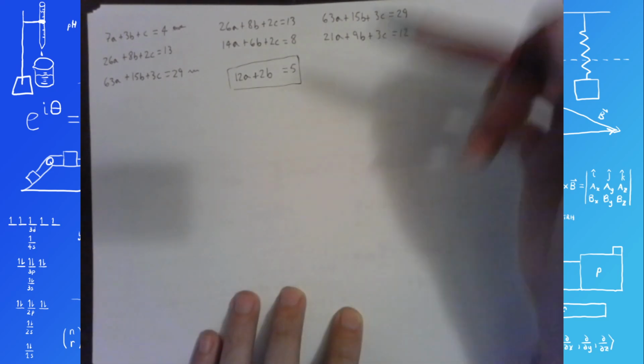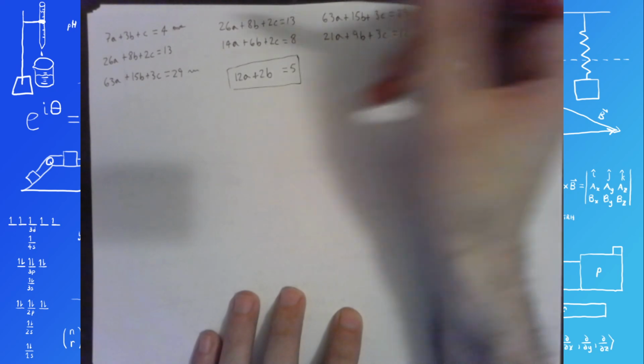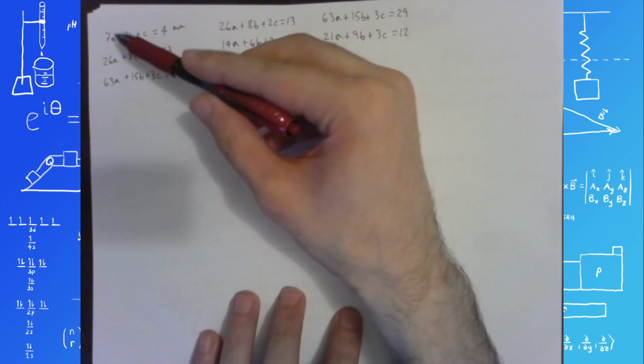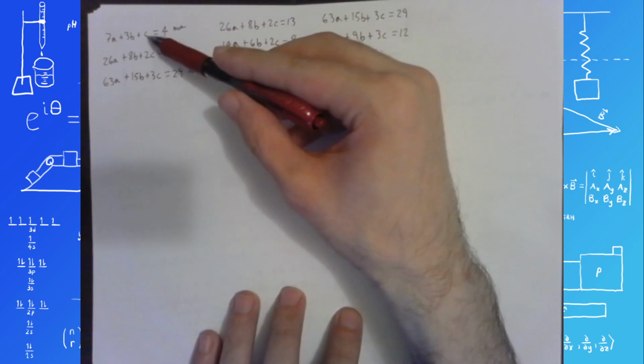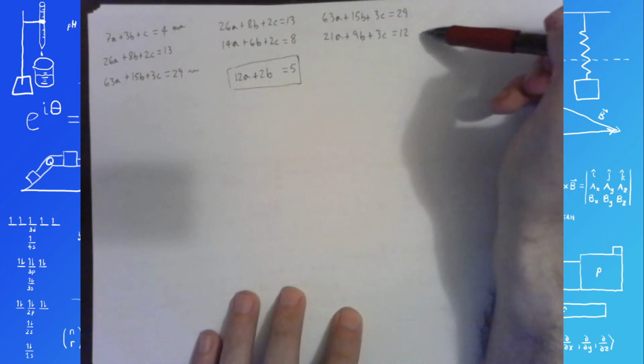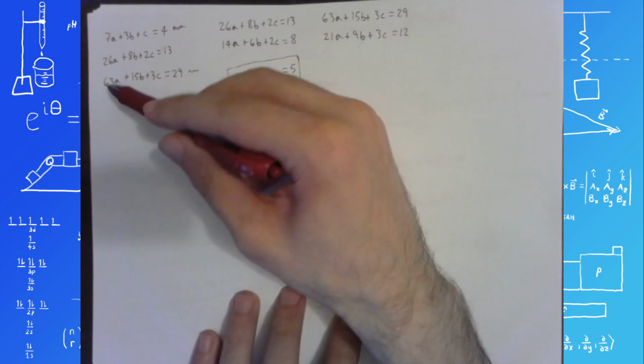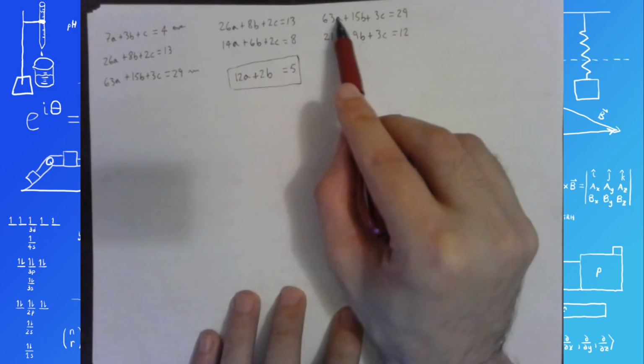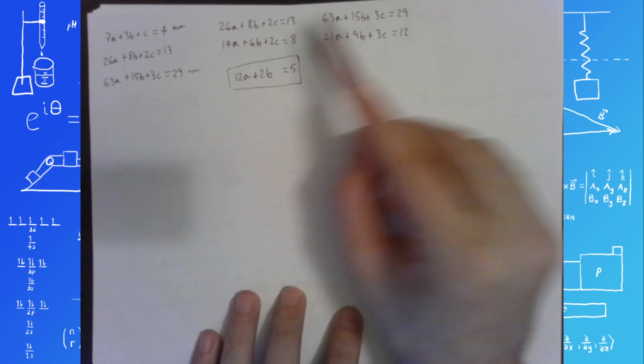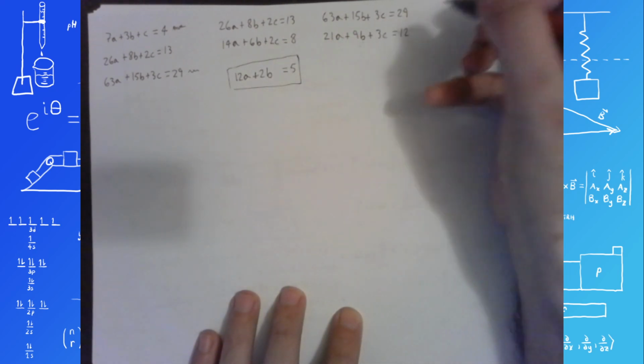Let me double check my math. 3 times 7, 21. 3 times 3 is 9. 3 times 1 is 3. 3 times 4 is 12. And did I copy the third equation correctly? 63, 15, 3, 29. Yep, we're all good to go.